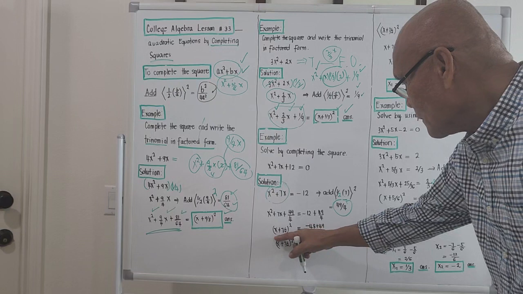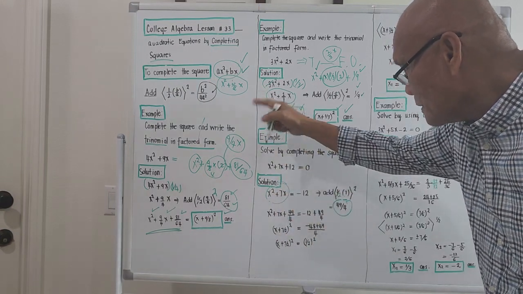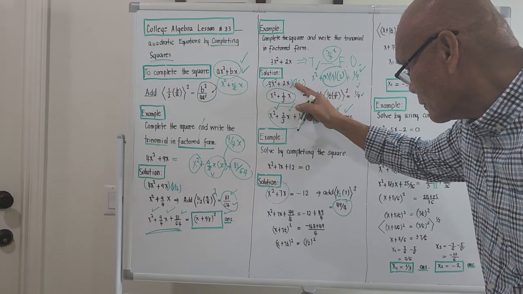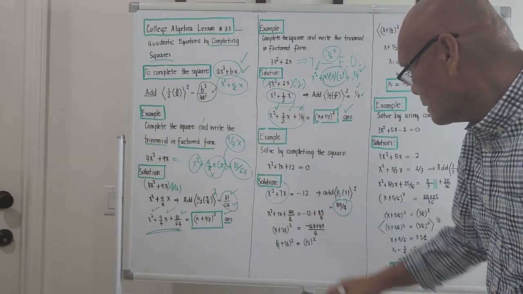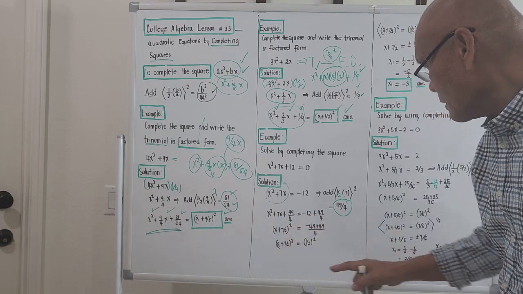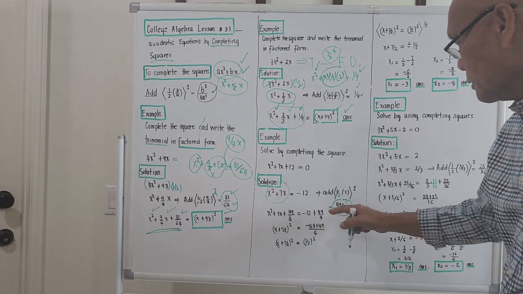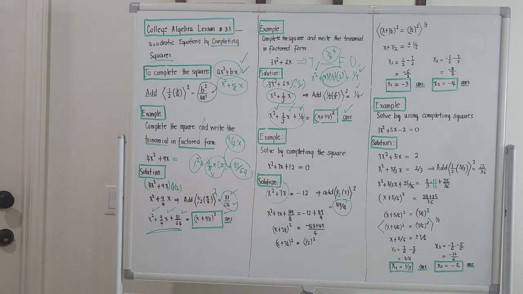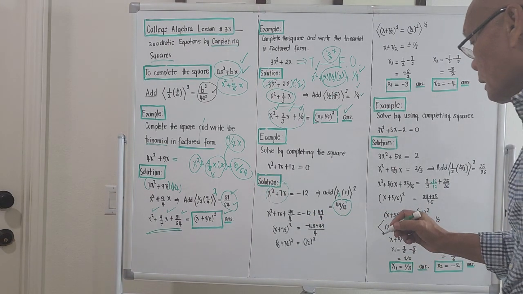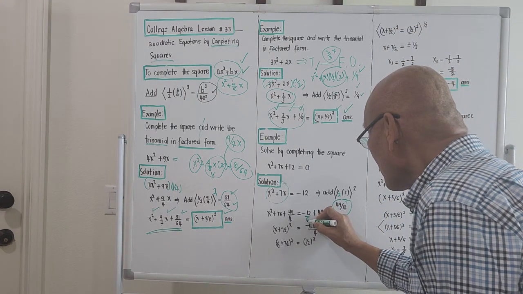If you try to expand this, it will come out. That's why I presented example number 1 and number 2, so we know this for sure. So this is now factorable to x plus 7 over 2 quantity squared equal to negative 12 plus 49 over 4. There should be an over 4 here, right?